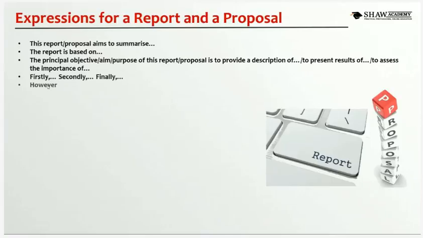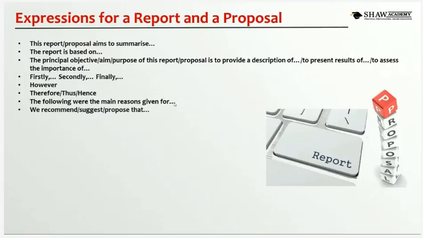Firstly, secondly, finally, however, therefore, thus, hence, which is the same as so but more formal. The following were the main reasons given for changing the company strategy. We recommend, we suggest, we propose the following, according to, let's say, according to research.